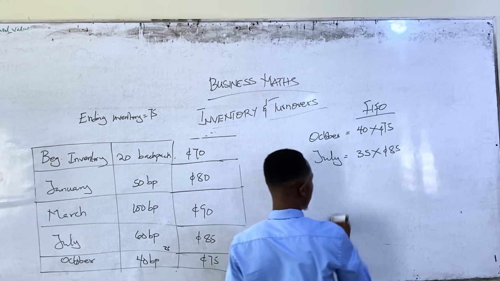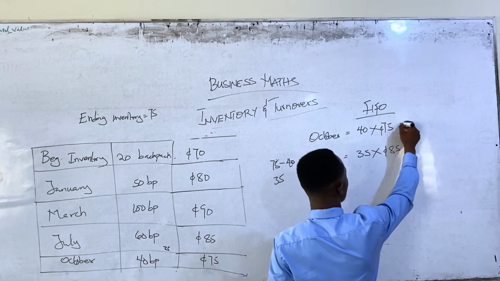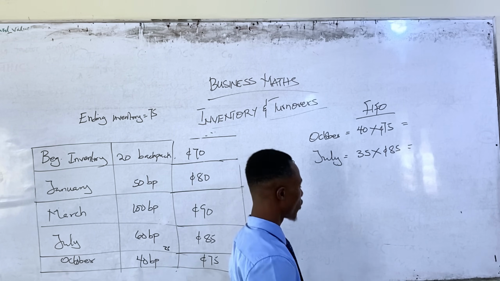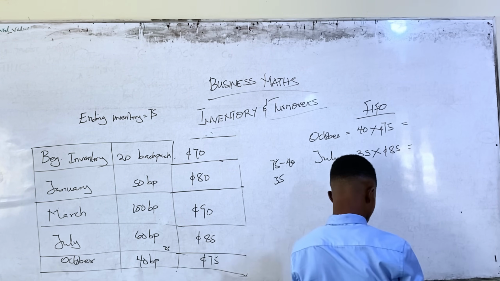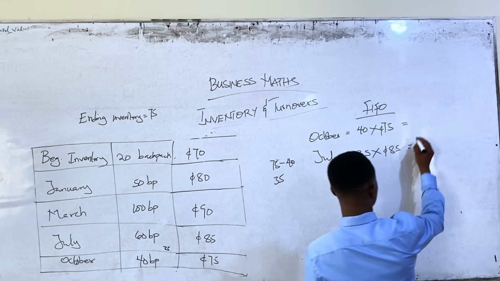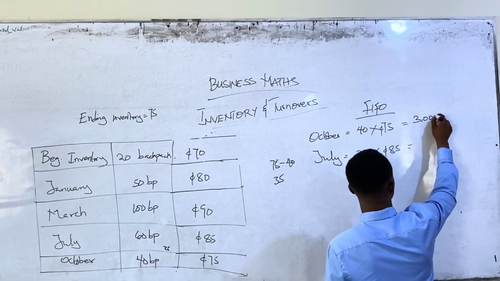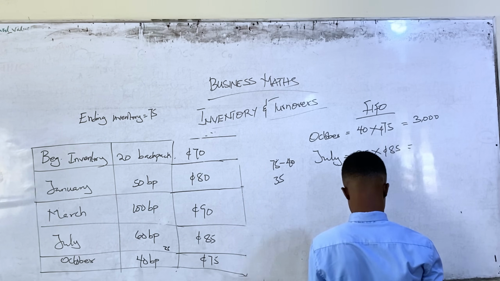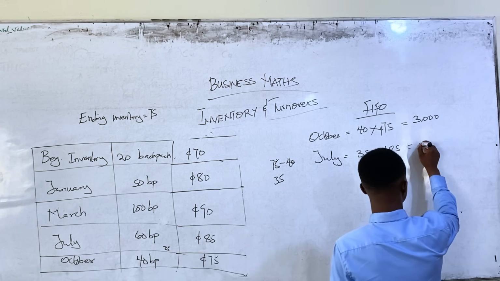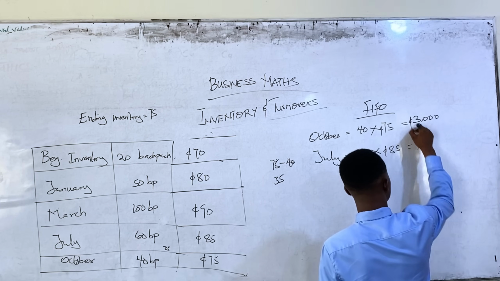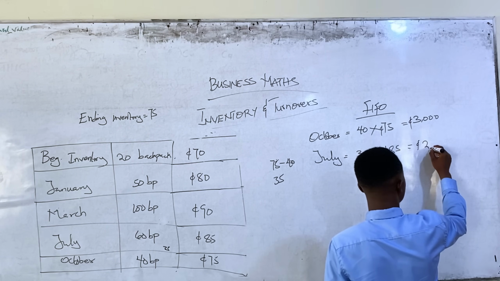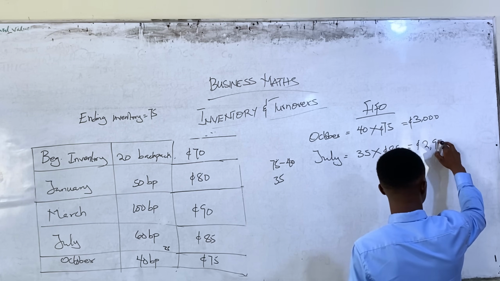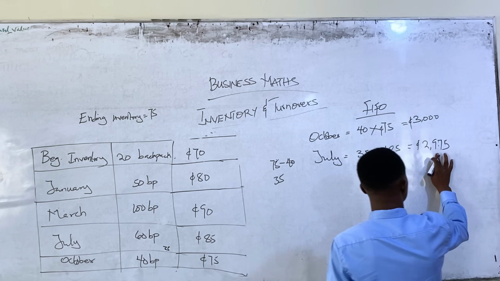Okay, it's very simple. 40 times 75 will give you 3,000, and 35 times 85 will also give you 2,975.